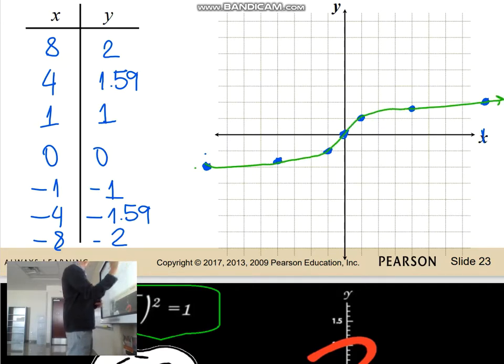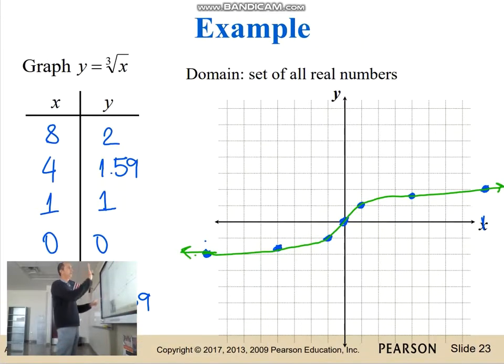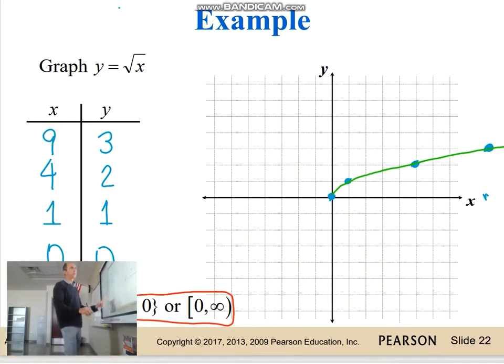You can represent with an arrow that this goes on all the way to the left to infinity and the right to infinity as well. Just going back, this is the graph of the cube root. Just back a little bit to the graph of the square root.